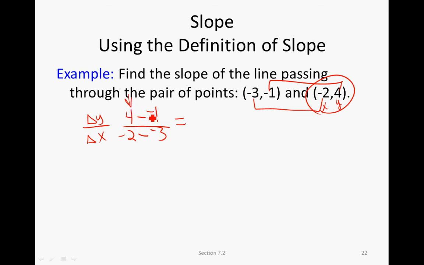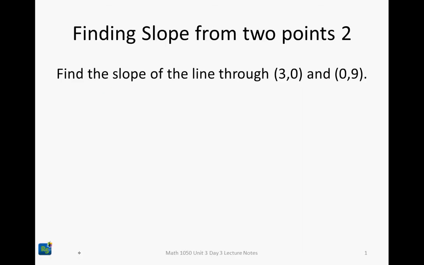So y minus y, 4 minus negative 1. And then I have to start with the x value associated with 4, which is negative 2, minus negative 3. That gives me a slope of 5. Whatever you do, the one you start with for the y is the one you should start with for the x. So here's one for you to do.